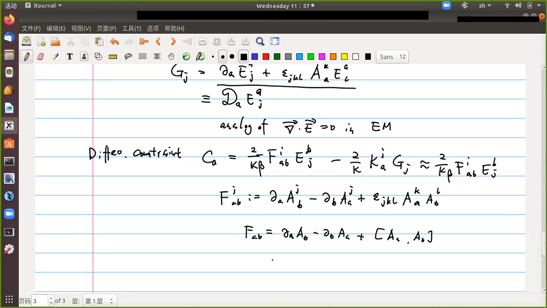And so F is also matrix valued, and then here it is a commutator. But you can see that once you use a basis in the Lie algebra, this commutator gets reduced to the quantity upstairs, because here the basis is just the Pauli matrices, and the commutator of the Pauli matrices gives you epsilon. Okay, and so this guy is what we call the field strength, or it is also called the curvature two-form.